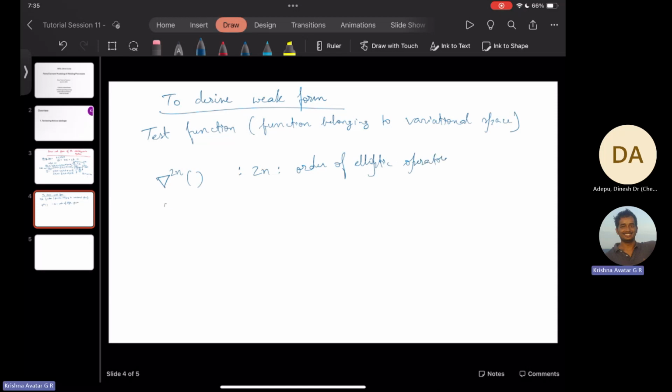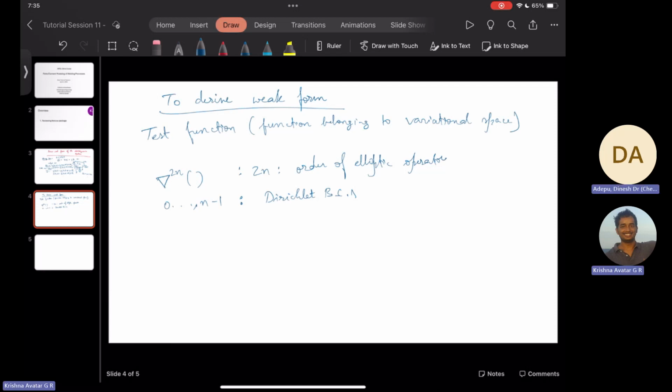Then the boundary conditions from 0 to n minus 1, which follow from 0 to n minus 1, that is called the Dirichlet boundary condition. In engineering, we hardly encounter anything beyond, say, fourth order, right?